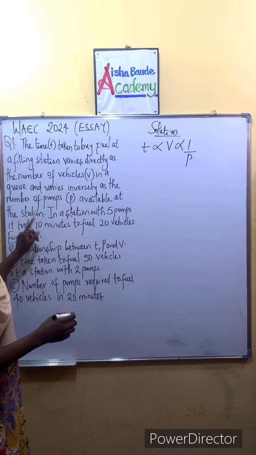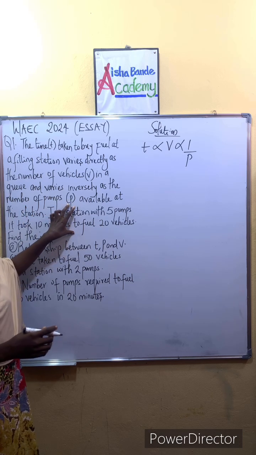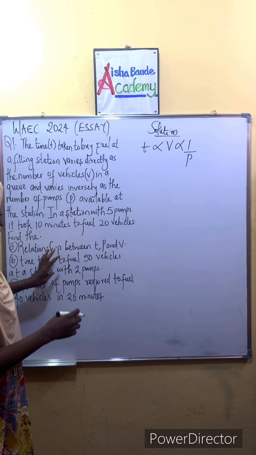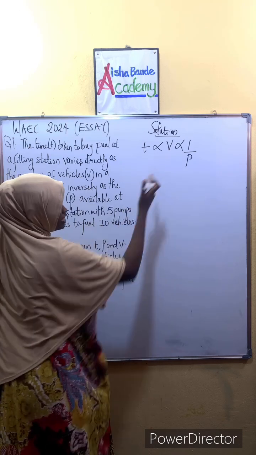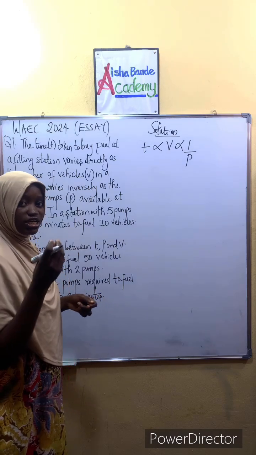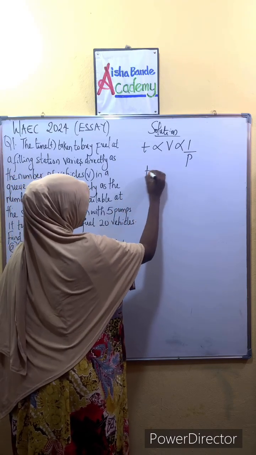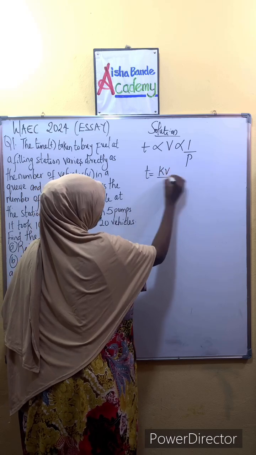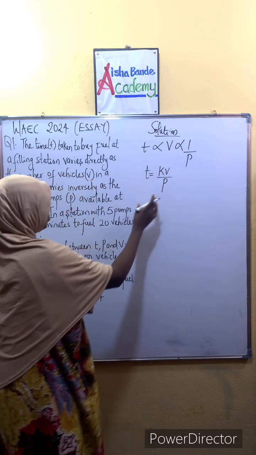Now we need to find the relationship between T, P, and V. So we introduce the constant of proportionality, which is K. Here we have T is equals to KV over P.